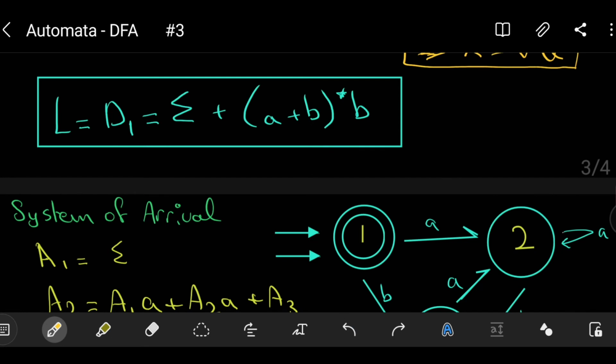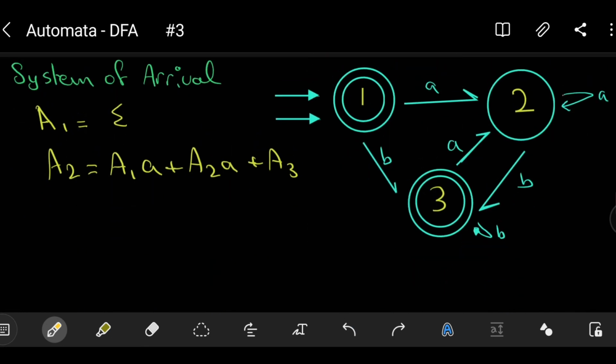So it's very important to see here and know the difference, and pay attention to the writing.